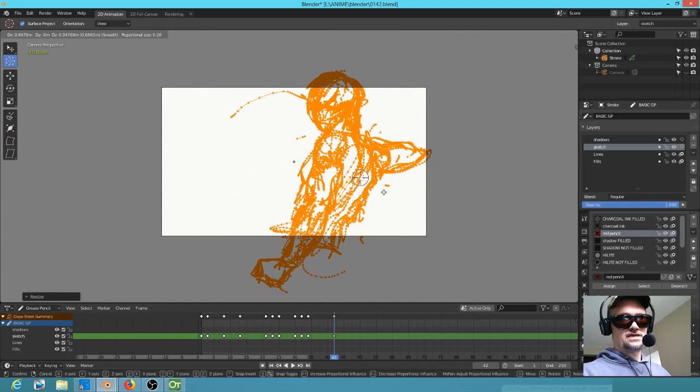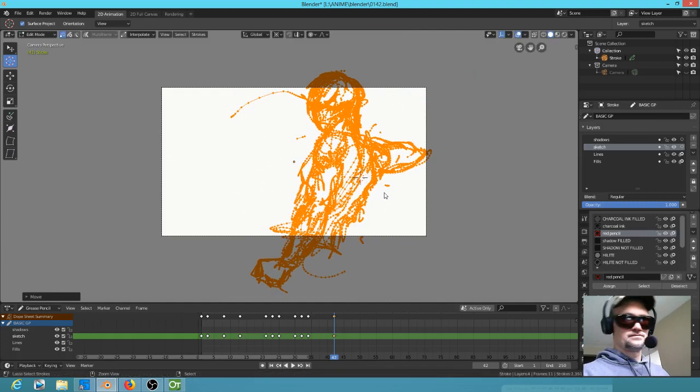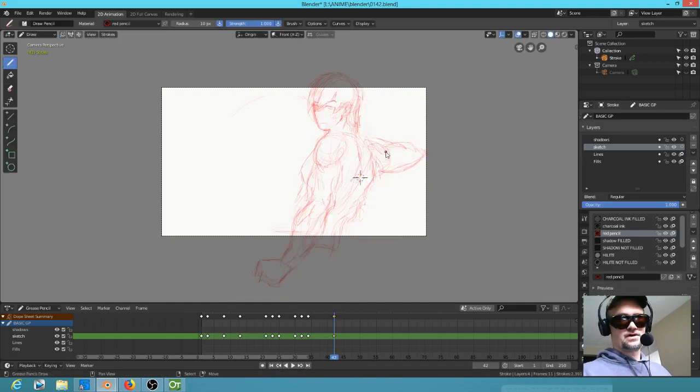But let's go here into draw mode. Here's what I'm going to do. I'm going to say here's his fist. 1, 2, 3. I'm going to do 3 keys. And here I'm going to just draw him every time.